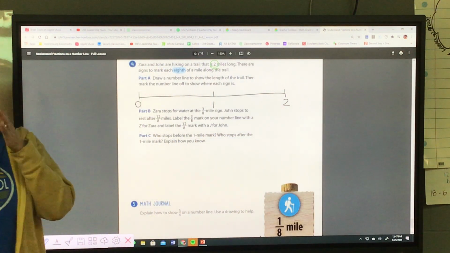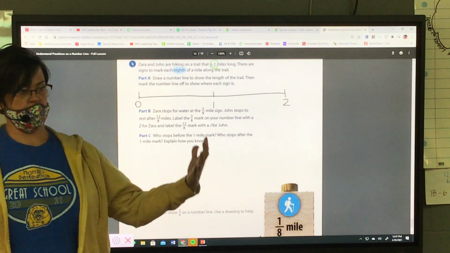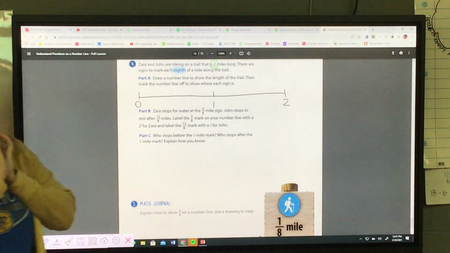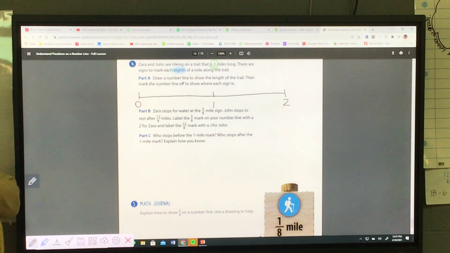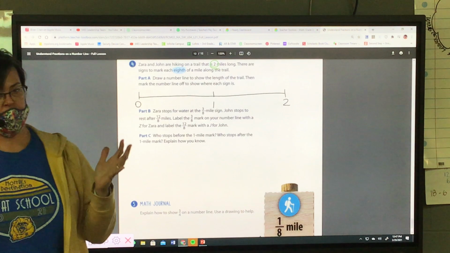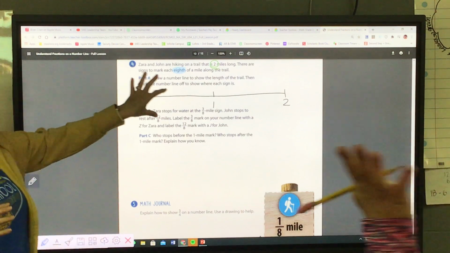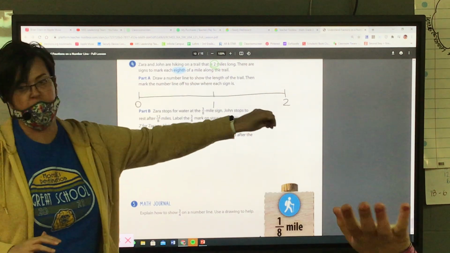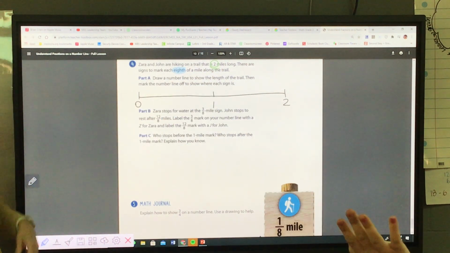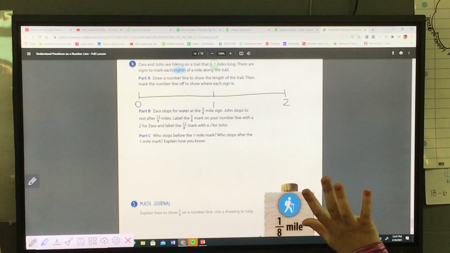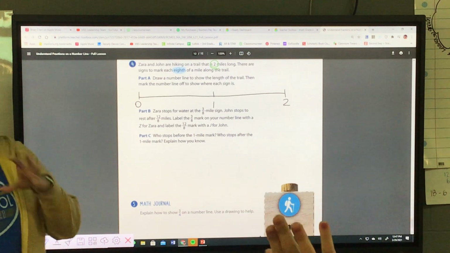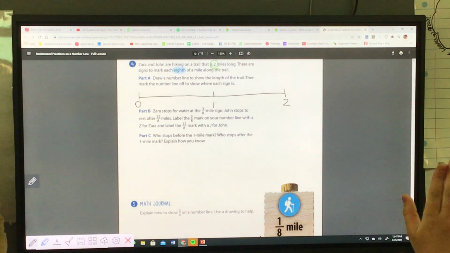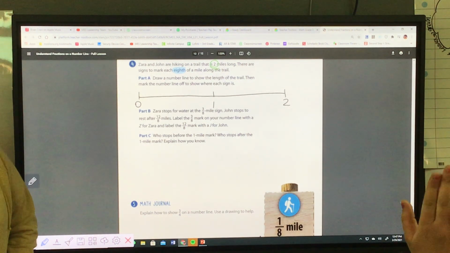Now between each of my whole numbers, I'm going to break it into equal parts. What does the problem tell me it needs to be broken into between each of those? How many equal parts here and how many equal parts there? What does our word problem say that we should break that up into? Connor?